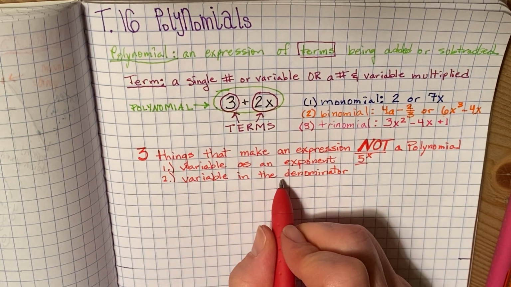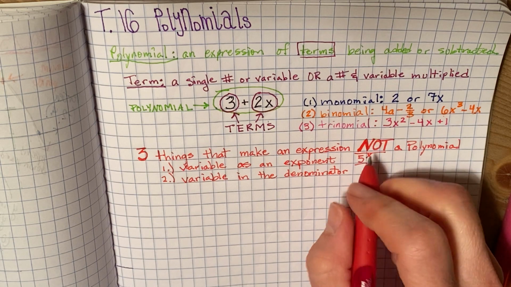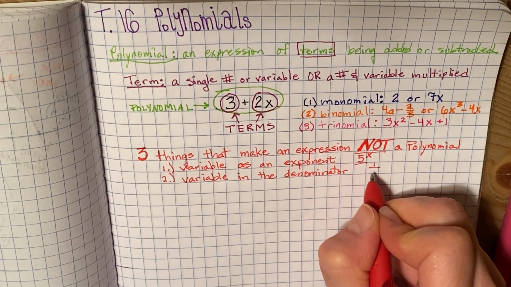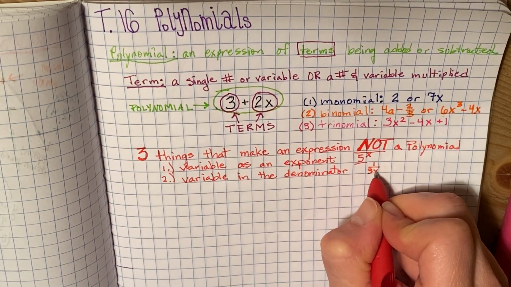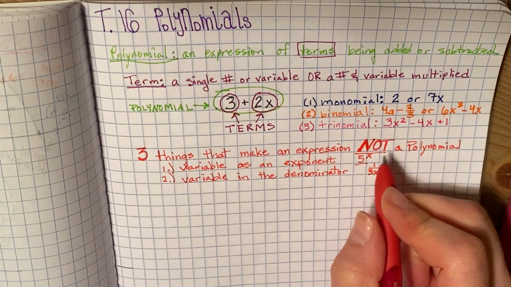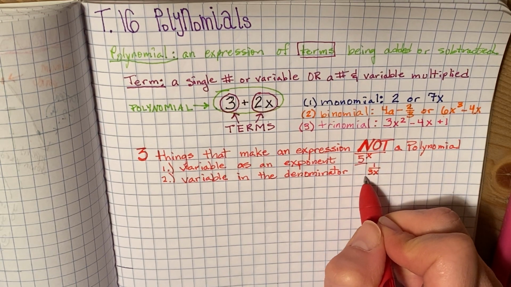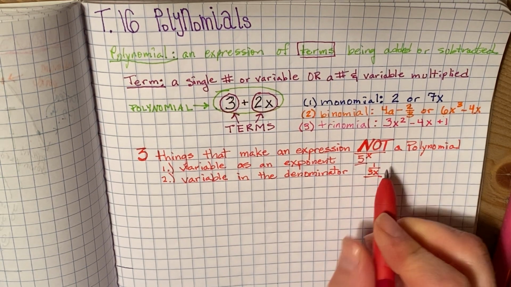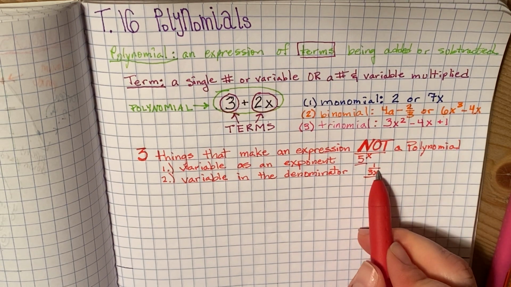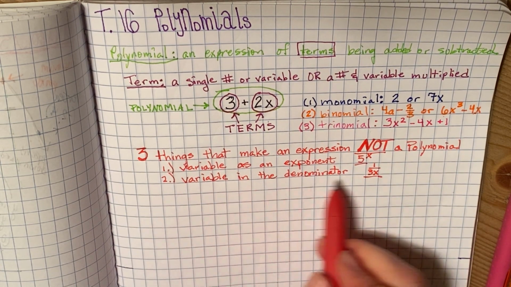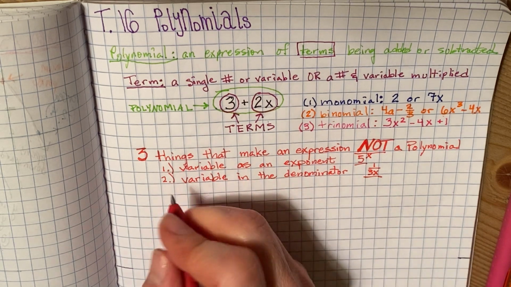If the variable is in the denominator, like 1 over 3 to the x, this is not a polynomial. The variable cannot be in the denominator, okay?